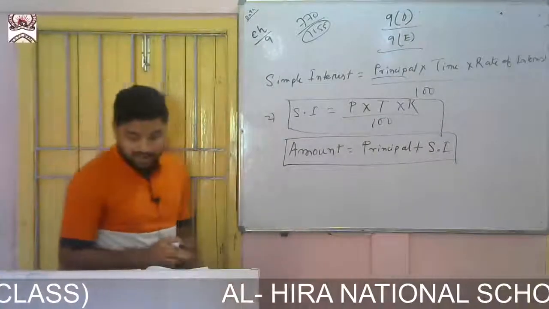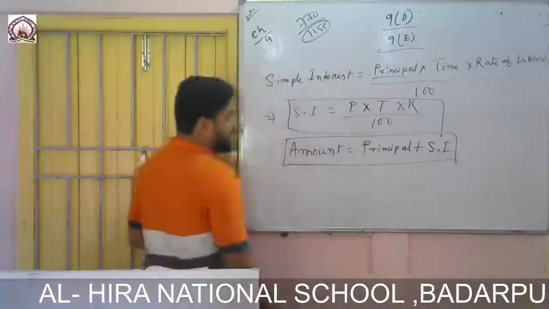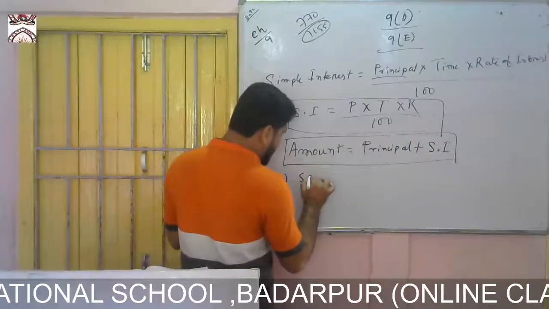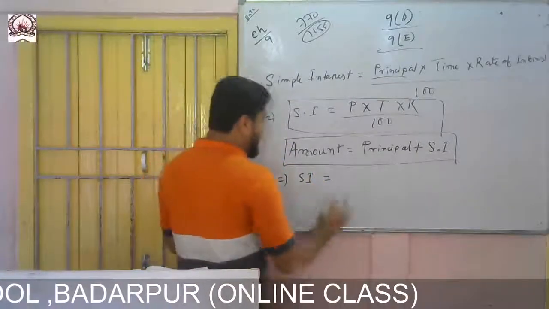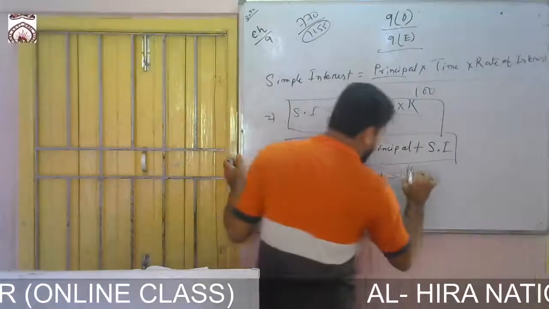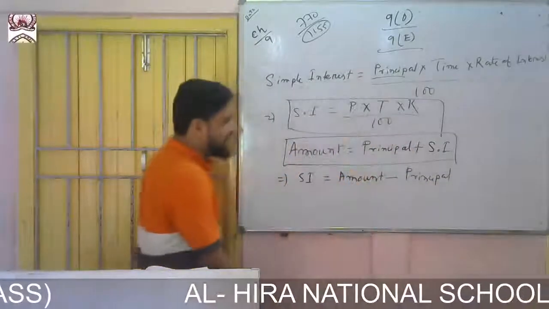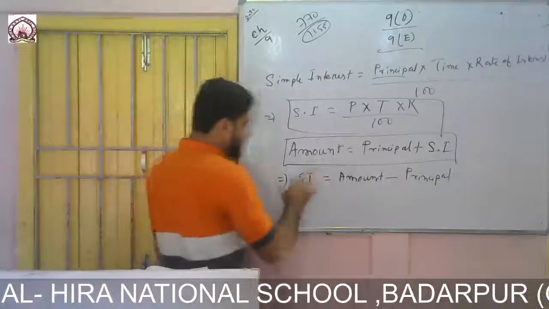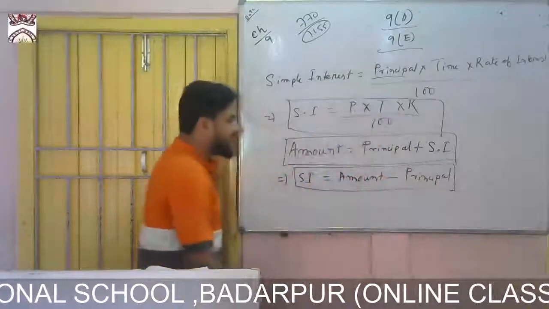Again from there you can find SI. If you want to find simple interest, then amount minus principal. If I subtract principal from the amount, then I shall get SI.